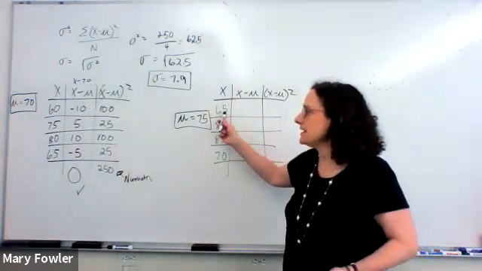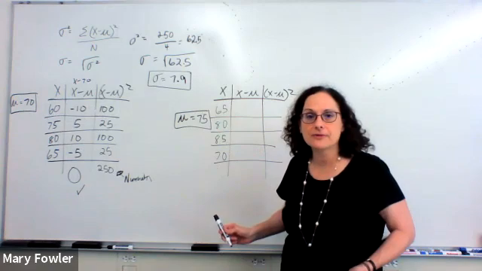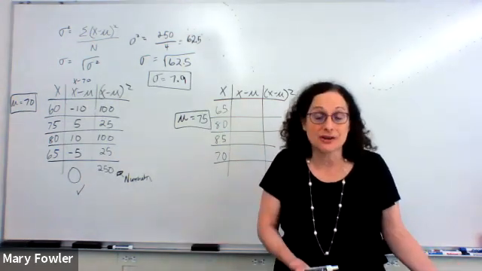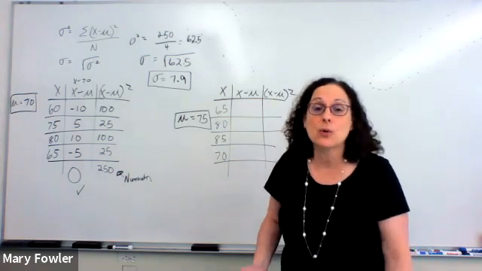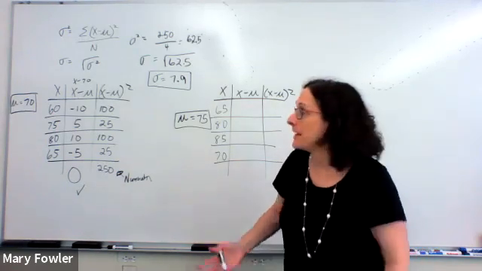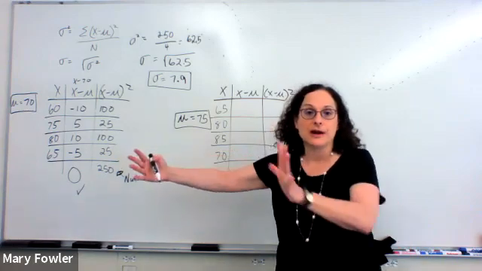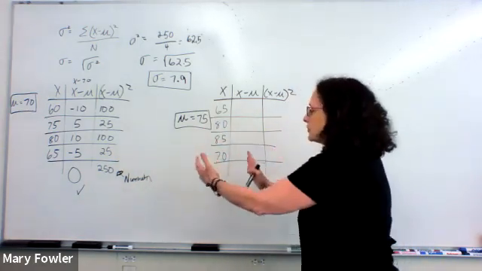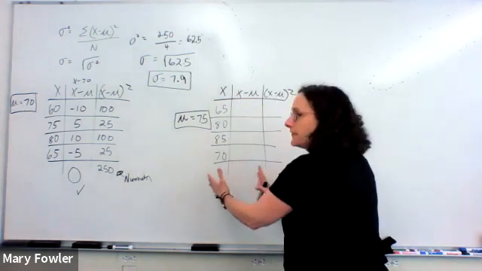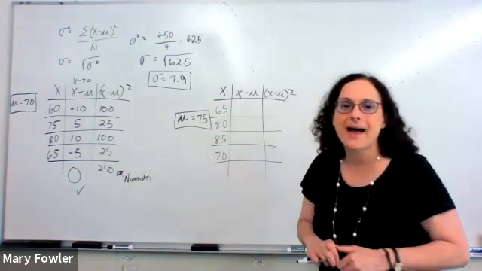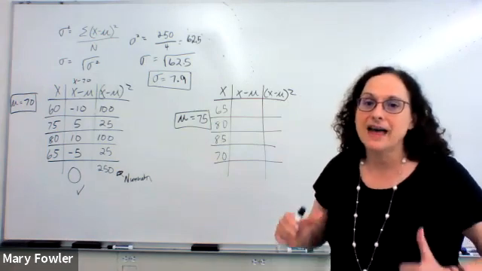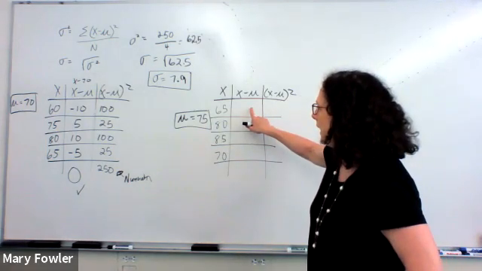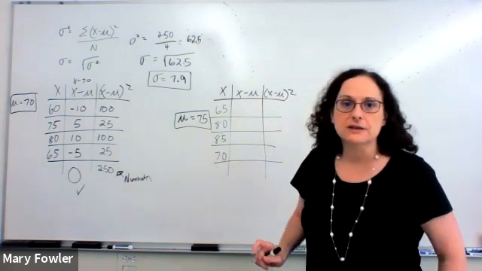I increased each observation by 5, and the mean itself increased by 5. So the observations all increased by 5, and so that measure of center, that balance point that we call the mean, also increased by 5.